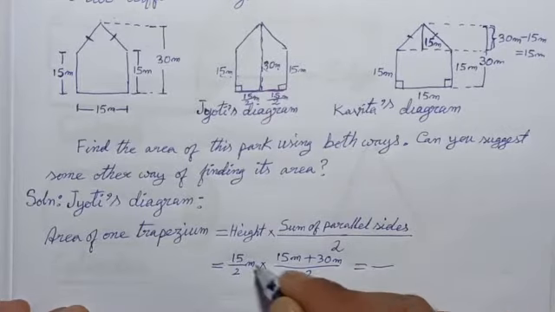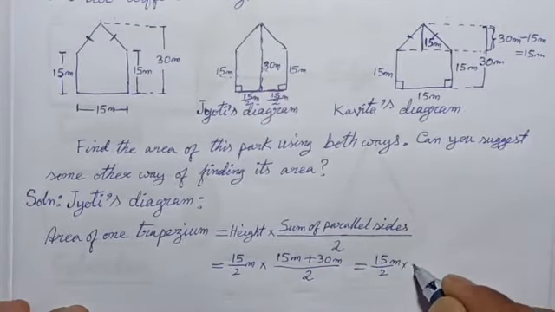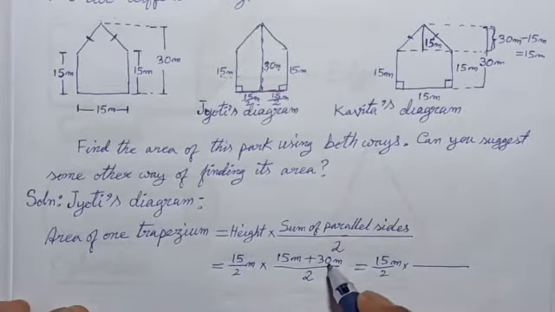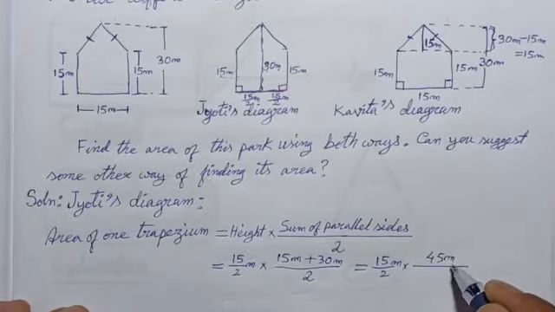Next, 15 by 2 meter into, let us add 15 and 30. 15 plus 30 is 45 meter, divided by 2.